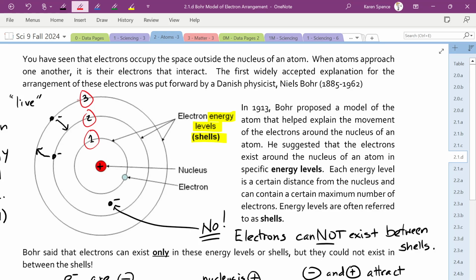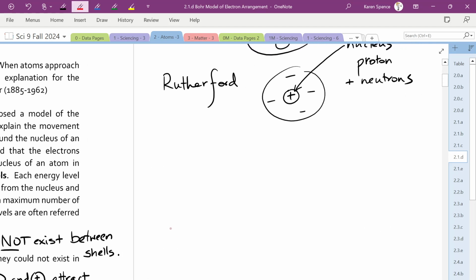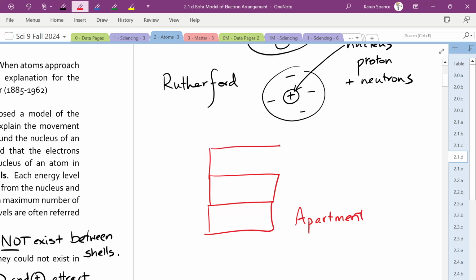I almost like to think about it like an apartment building without an elevator. So we've got an apartment building without an elevator, and let's say we've got floor number 1, floor number 2, and floor number 3. Now, on floor number 1, we just have one room, and one room can hold 2 electrons.